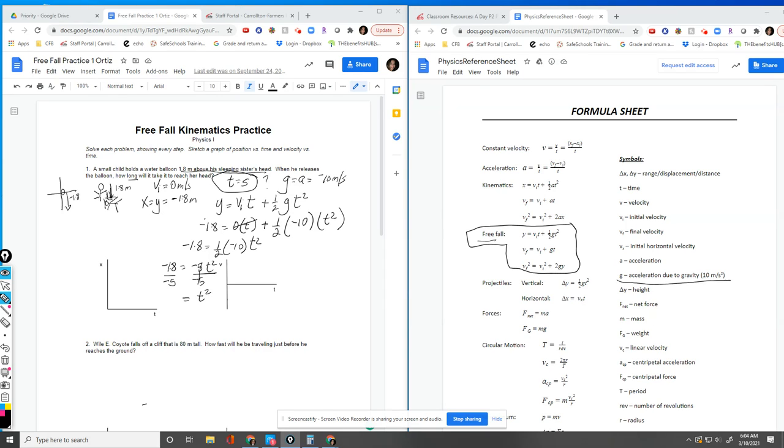And then negative 1.8 divided by negative 5 is what? Let me see. That is 0.36. Okay.